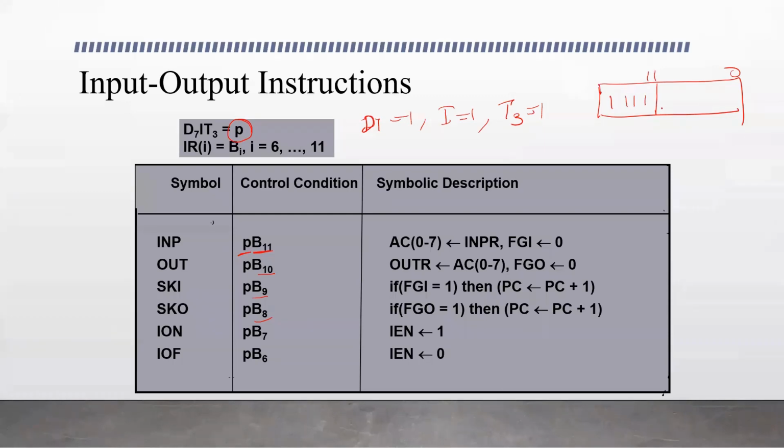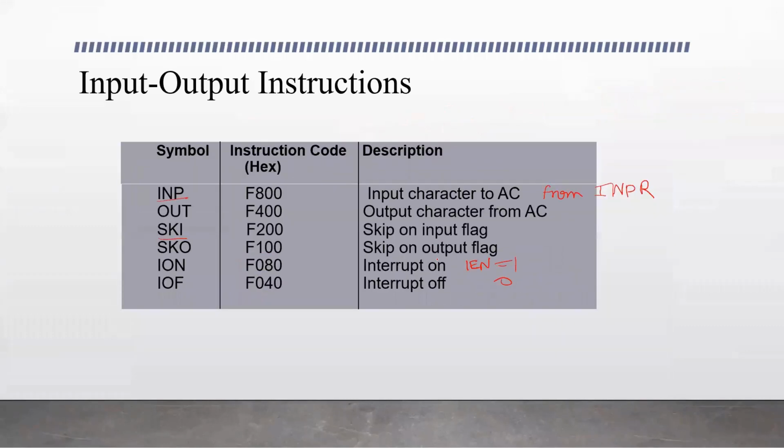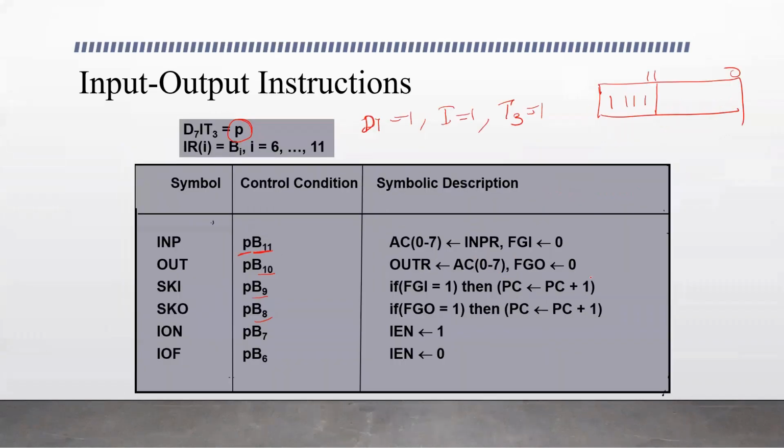BI is used when a particular bit is 1. I explained it yesterday. The first instruction is F800. 8 is 1000, then 0, 0, 0. So the bit that is 1 is the 11th bit, so i is 11 and the control condition is P B11.